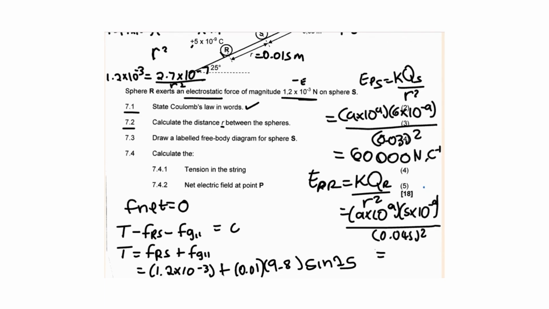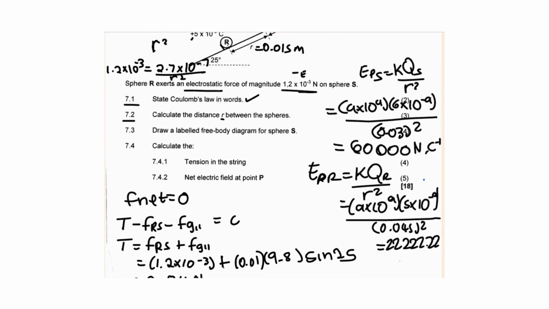So the answer would be 9 times 10 to the power of 9, 5 times 10 to the power of negative 9, divided by 0.045 squared, and that gives me 22,222.22 newtons per coulomb.